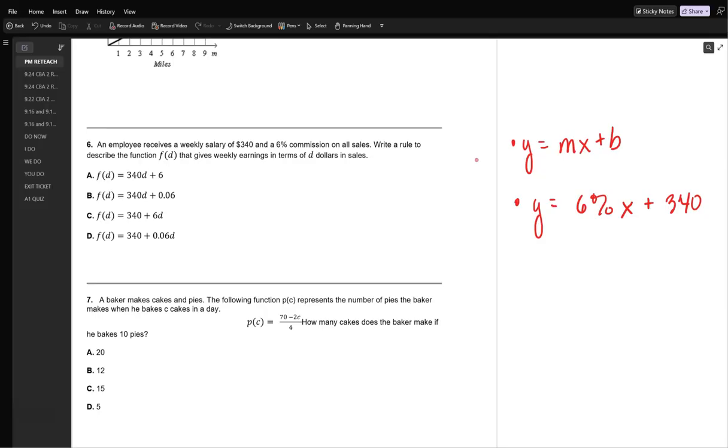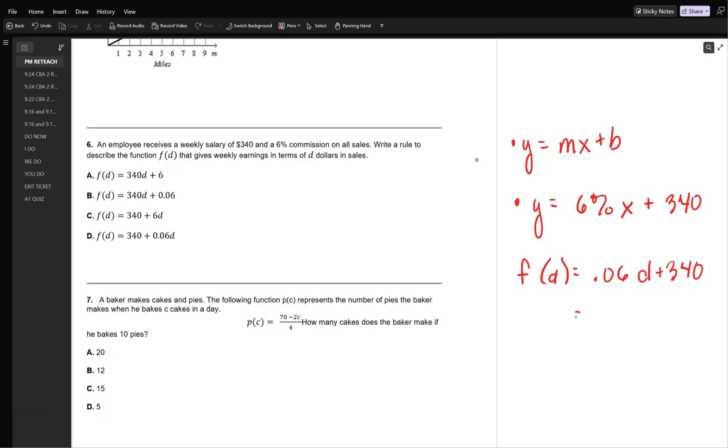Okay, we can introduce this notation here, f of d. Some of these conversions, this percentage into a decimal, would be 0.06d plus 340. Okay, that's pretty much it.